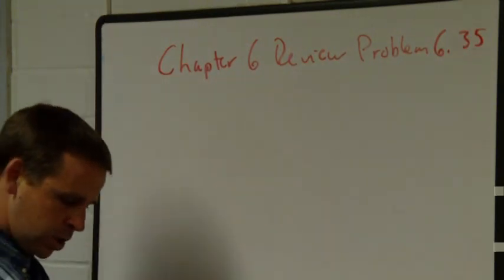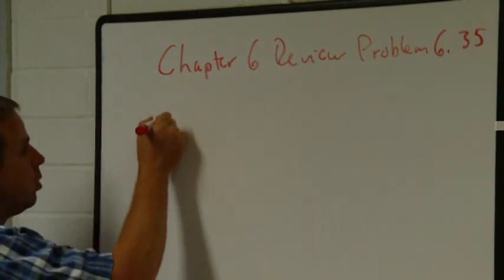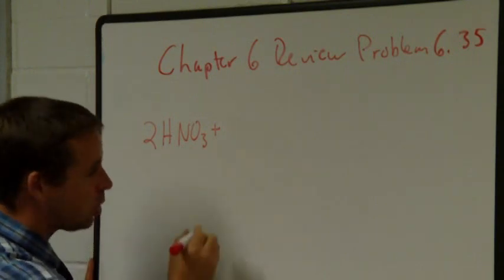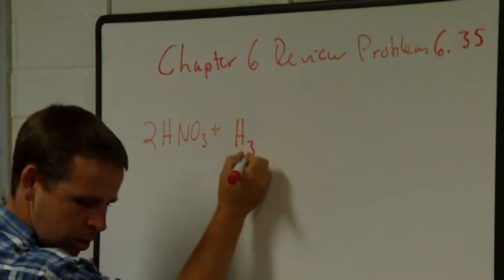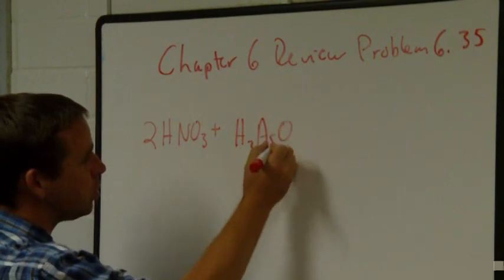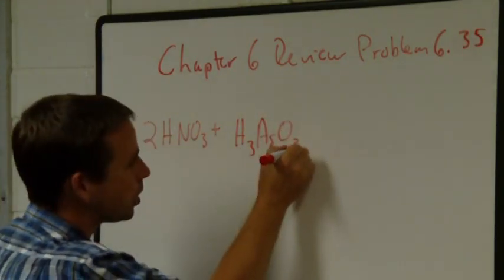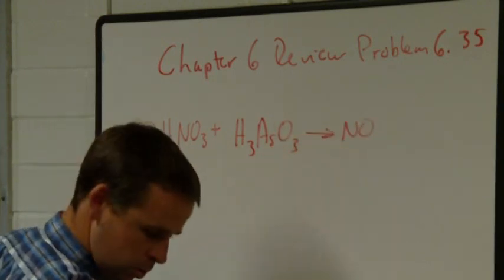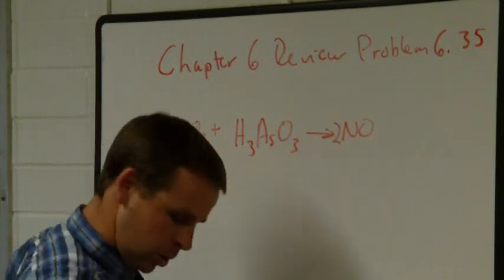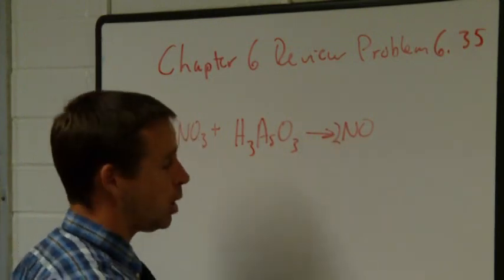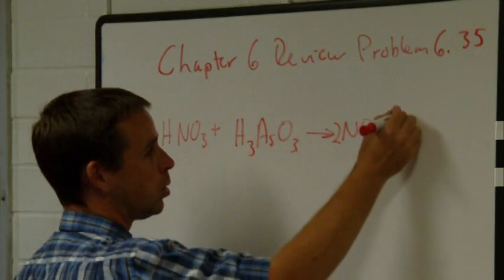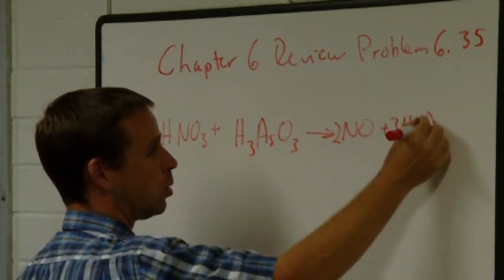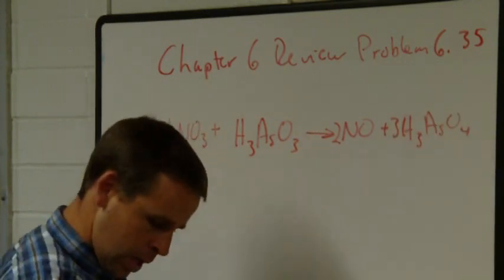Okay, so 2HNO3, H3AsO3, and O, two of them. 3H3AsO4. And water.